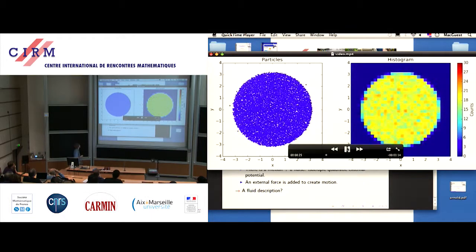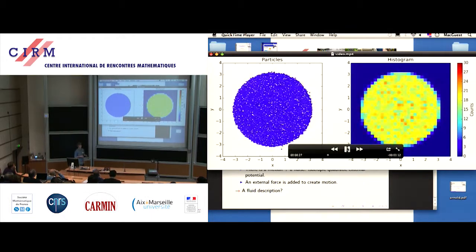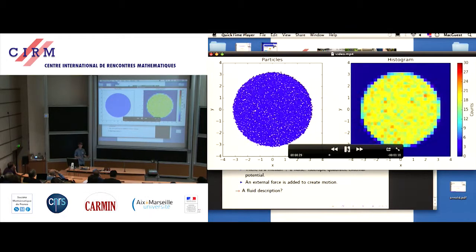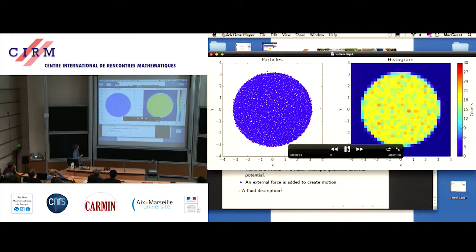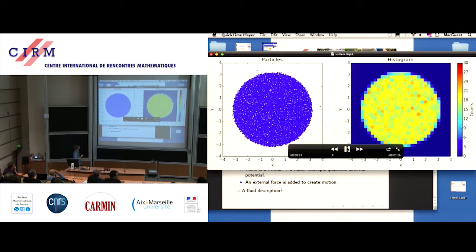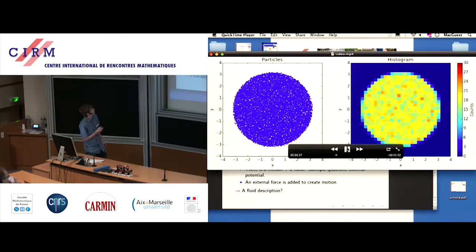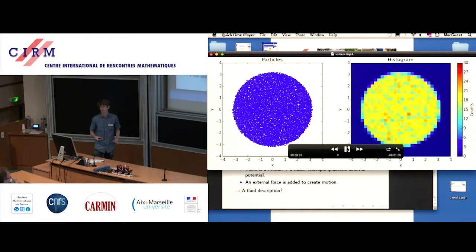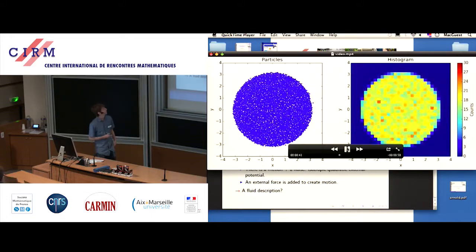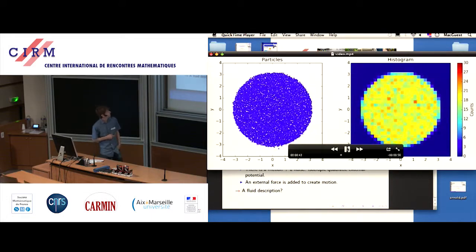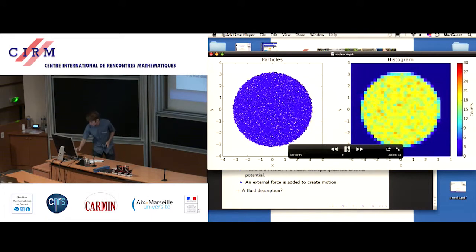What's important to notice is that there really seems to be a very well-defined limit density, which is, say, constant inside and zero outside the ball. And of course, then you have some flow here that should be incompressible, right? Otherwise, you would have fluctuations in the density, and it goes on.